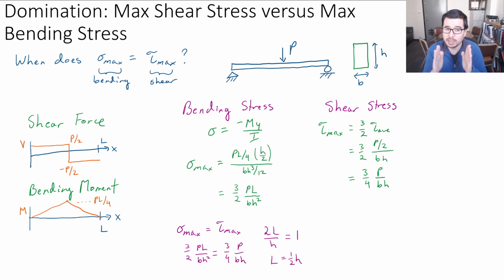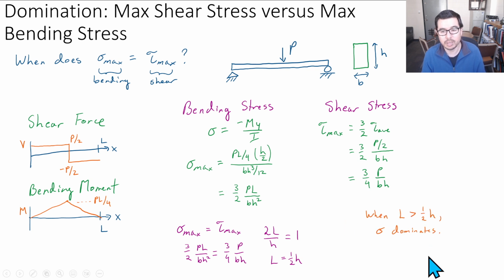Shrink the length of your beam down to half its thickness, and if you go beyond that, shear stress will begin to dominate. So when L is greater than 1/2 H, sigma dominates. When L is less than 1/2 H, tau dominates.